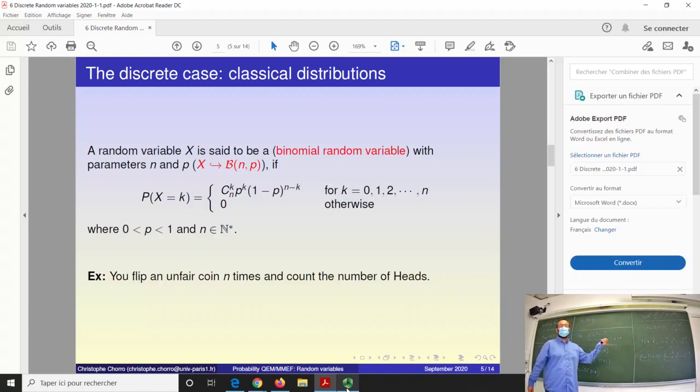If I use the Newton formula here, taking p for a and 1 - p for b, p + (1 - p) is equal to 1. I obtain 1. So the fact that I define a probability mass function this way comes from the Newton formula we have proved together by induction. So this is what we call a binomial random variable.